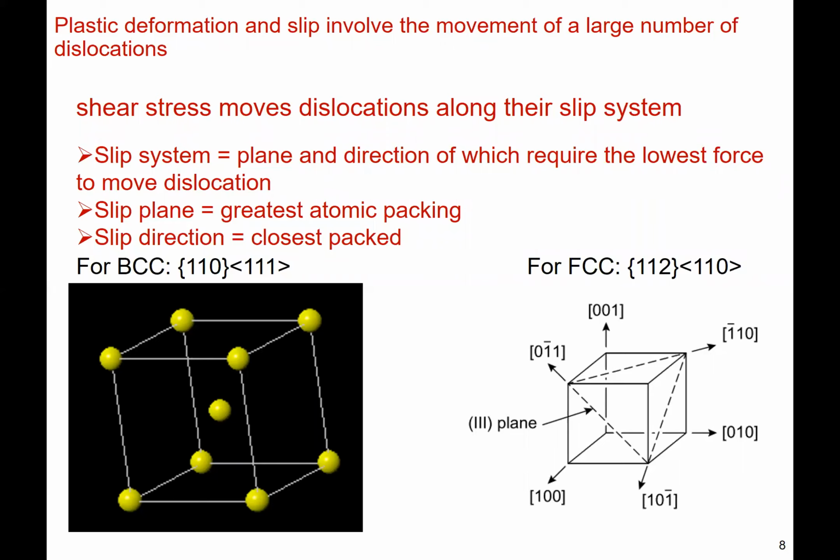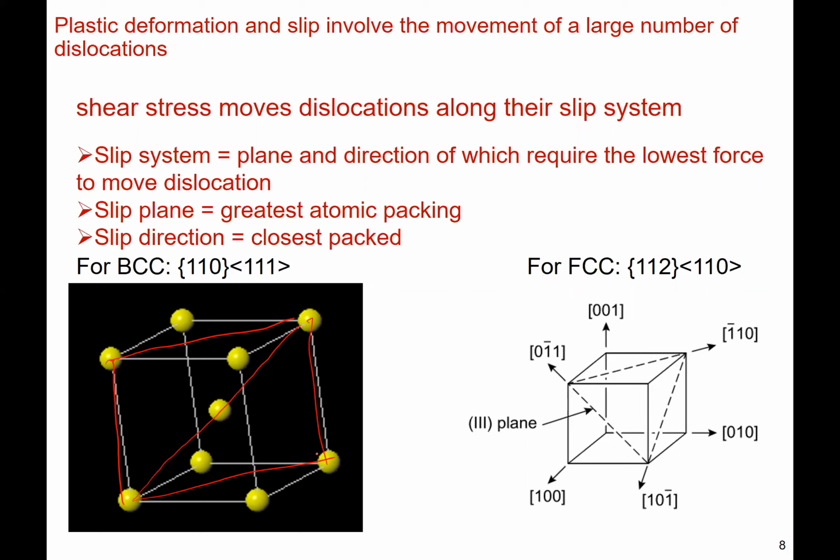So an example would be for BCC, we don't have high density planes, but we do have a close-packed high density direction, and that's through the body diagonal. Here, through the body diagonal, the atoms are touching. So the plane in which that occurs is the 110 plane.